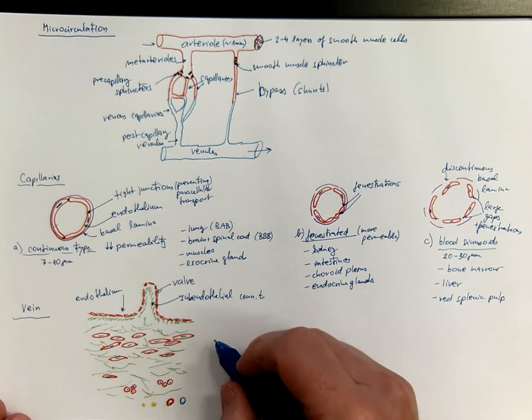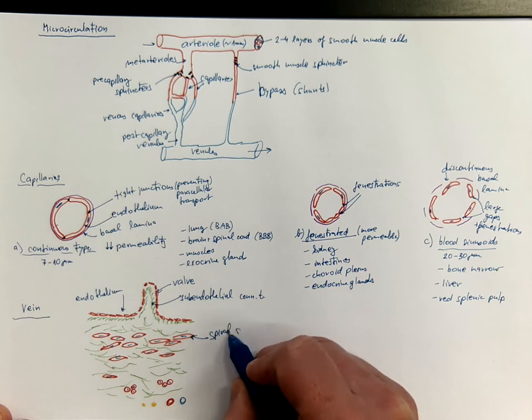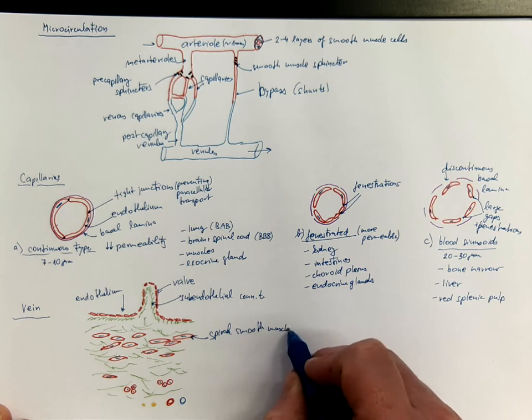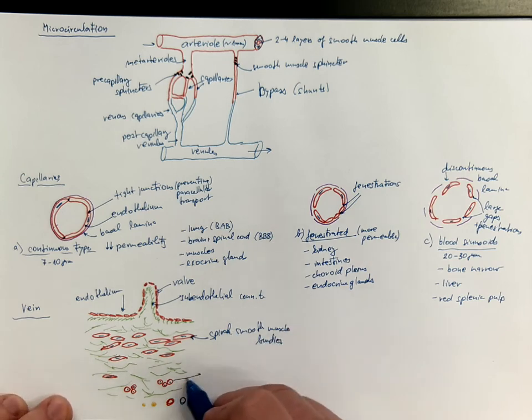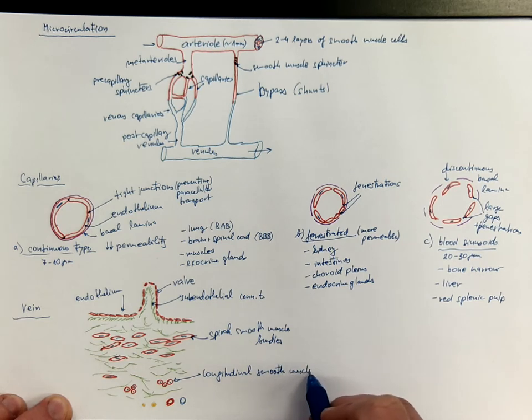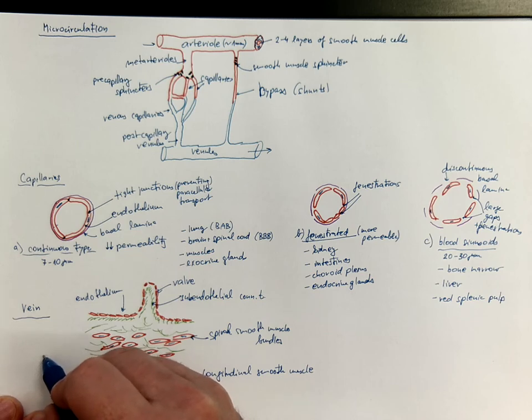So here is a spiral smooth muscle bundle, but here are even longitudinal smooth muscle bundles, rich collagen connective tissue, collagenous.